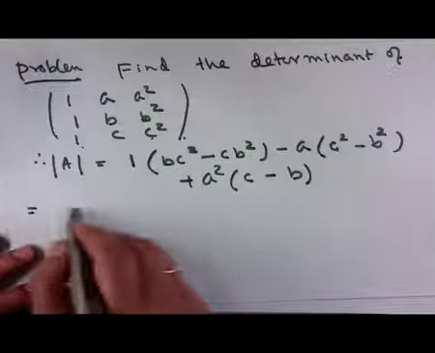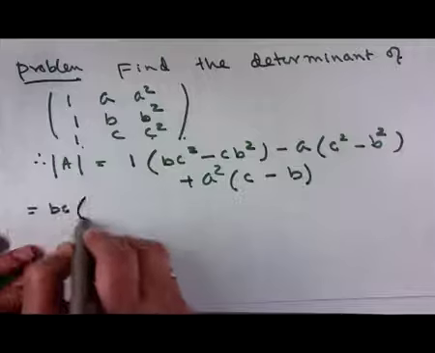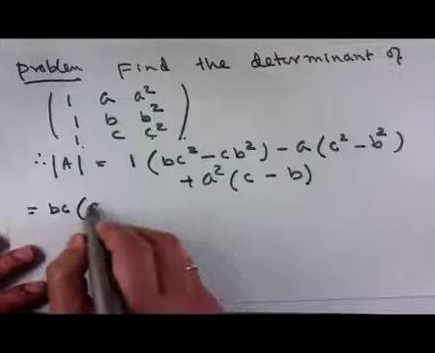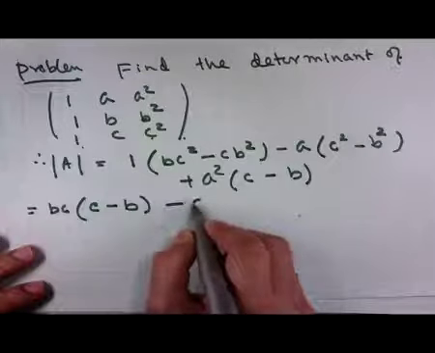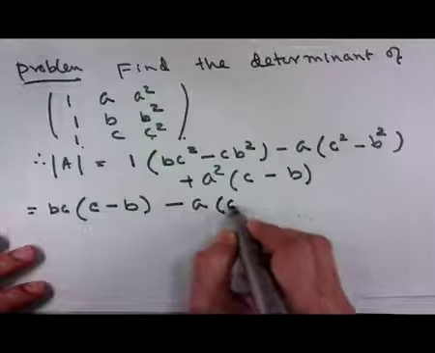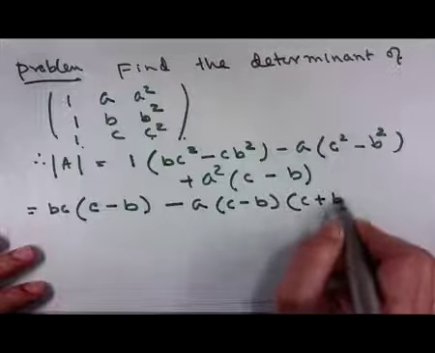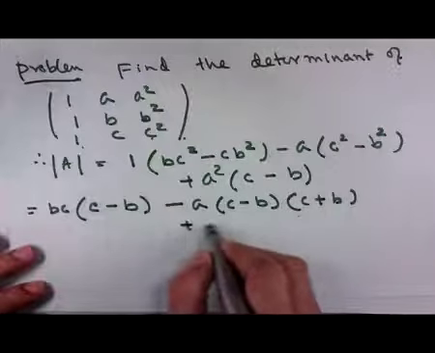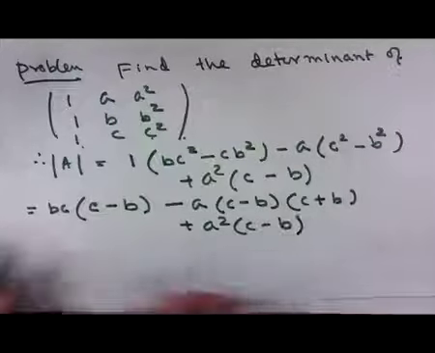Is equal to, if I take bc common from the first term, it is bc into (c minus b) minus a into (c minus b) into (c plus b) plus a square into (c minus b).